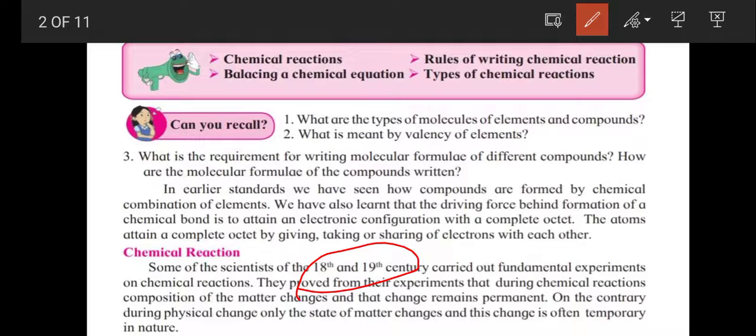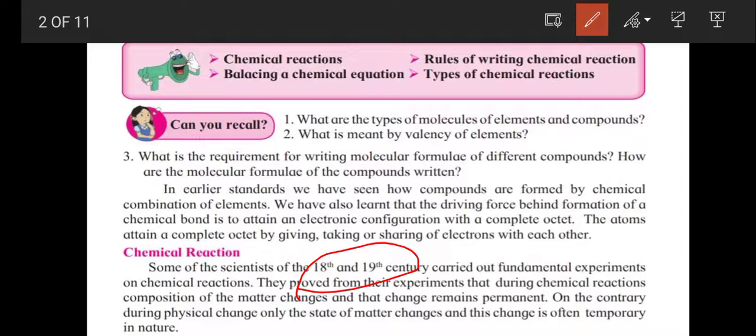On the contrary, during a physical change, only the state of matter changes, and the change is often temporary in nature. Students, here they are saying that scientists from the 18th and 19th century discovered many reactions, and from this discovery they concluded that there are two types of changes: one is the chemical change and the other is the physical change.